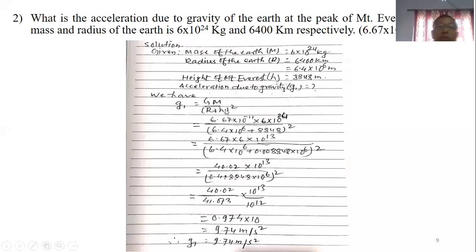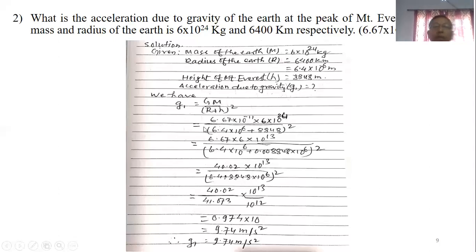R plus h whole square, and the value of capital G is 6.67 into 10 to the power minus 11, and the value of M is 6 into 10 to the power 24, where the value of R is 6.4 into 10 to the power 6 meter plus 8,848 meter whole square.